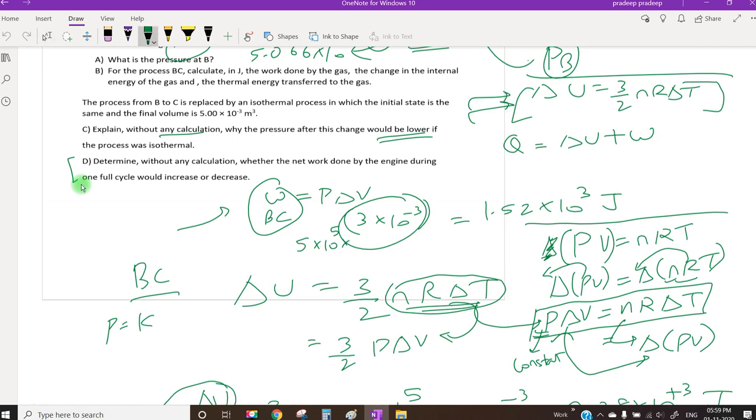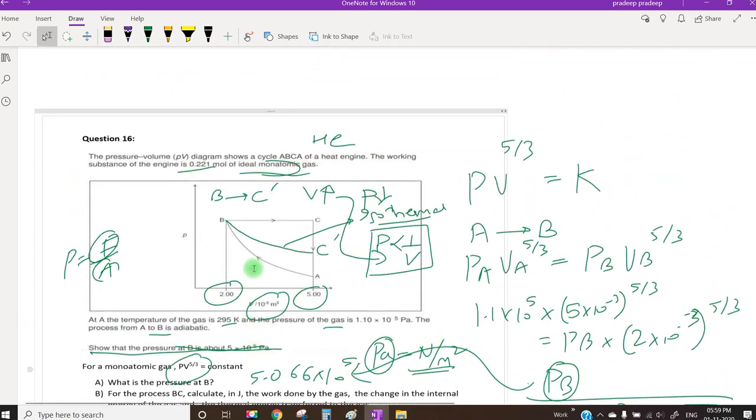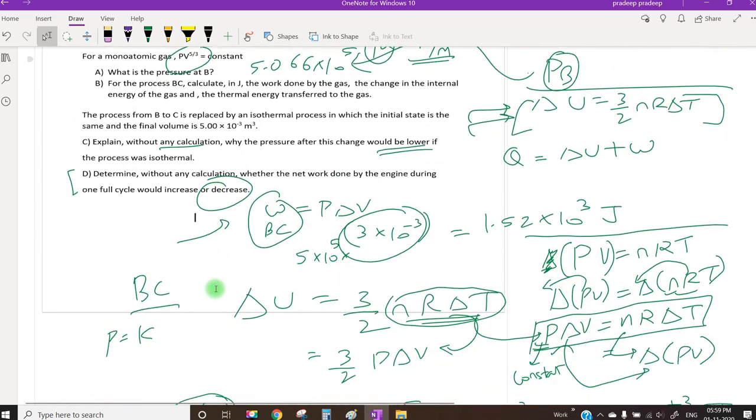So we can write this is actually decreasing because the area enclosed by the graph is decreasing. Is this clear to everyone? Yes, sir. Sheldon, it's clear, right? Yes. That was question number 16.